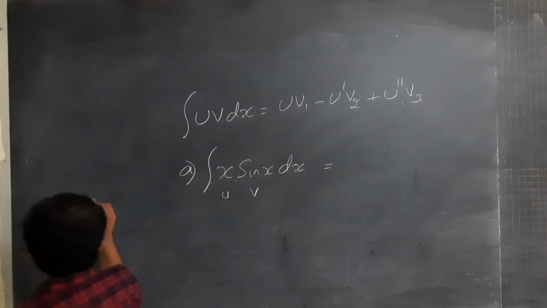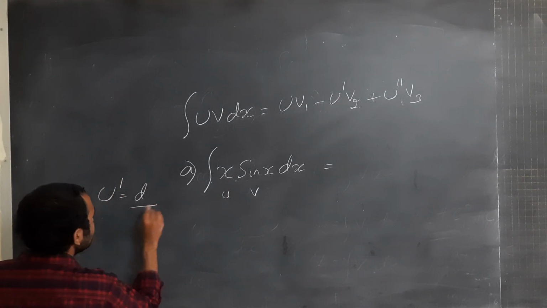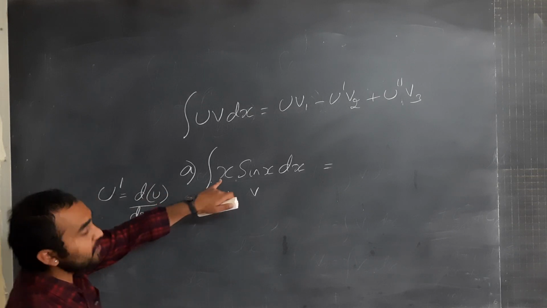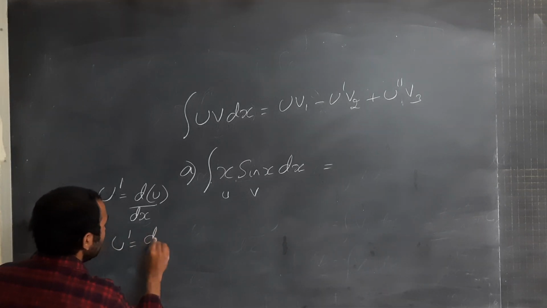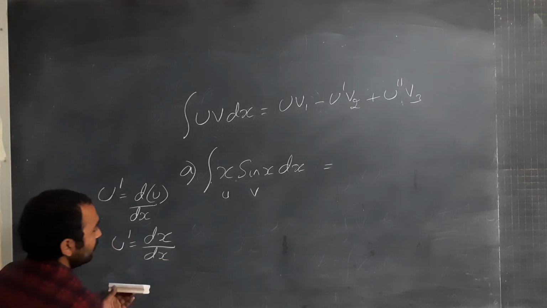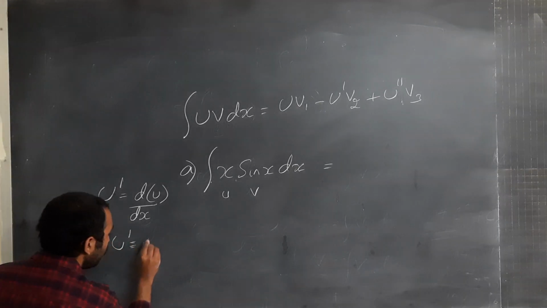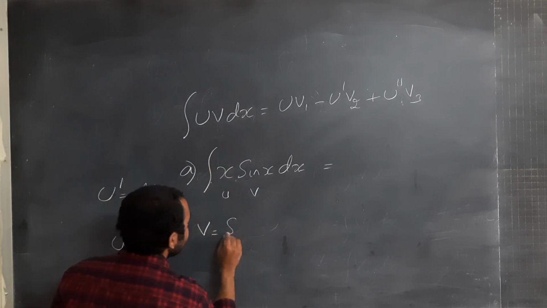First we find u dash, the differentiation of u with respect to x. The given function u is x, so u dash equals dx by dx, which is 1. Next, v equals sin x.